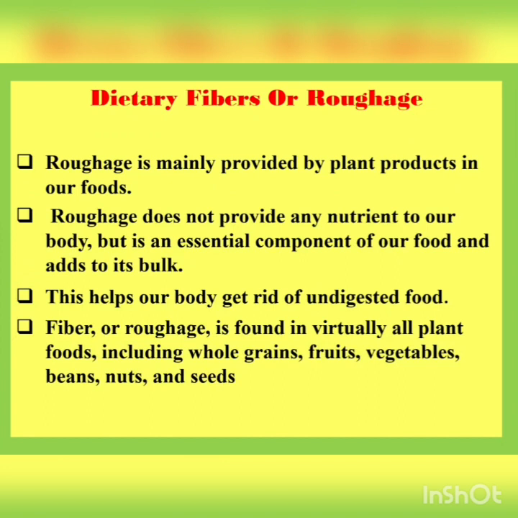Roughage is mainly provided by plant products in our food. The function of roughage is that it mainly helps to get rid of undigested food. Examples or sources of roughage foods are whole grains, that is all grains, fruits, vegetables, beans, nuts, and seeds.